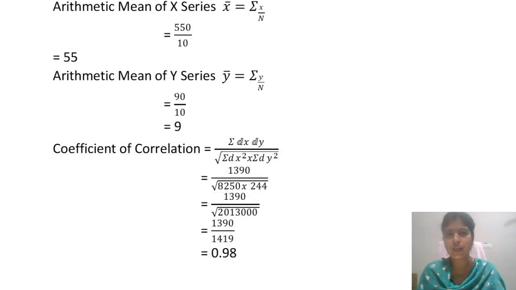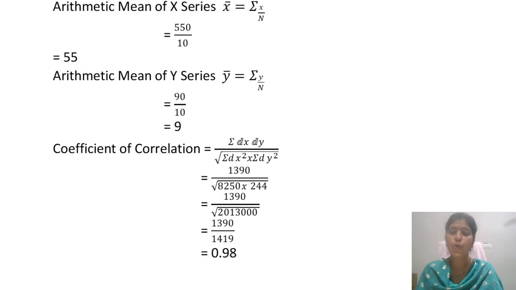Next, the arithmetic mean we have already calculated. Now the coefficient of correlation: sigma dx dy we got as the total of the last column, that is 1390, divided by the root of sigma dx square, total was 8250, into sigma dy square, which is 244. So as per the formula, coefficient of correlation is equal to 1390 divided by root of 8250 into 244. 8250 into 244 is about 2013000.